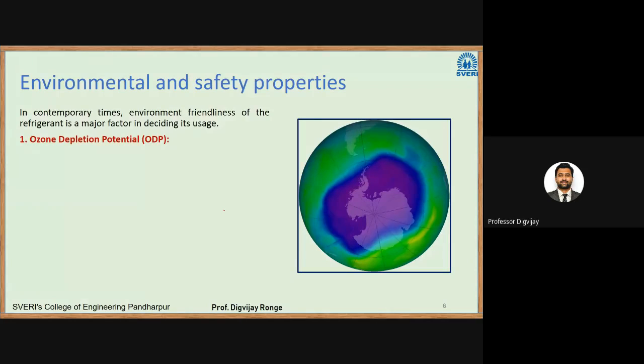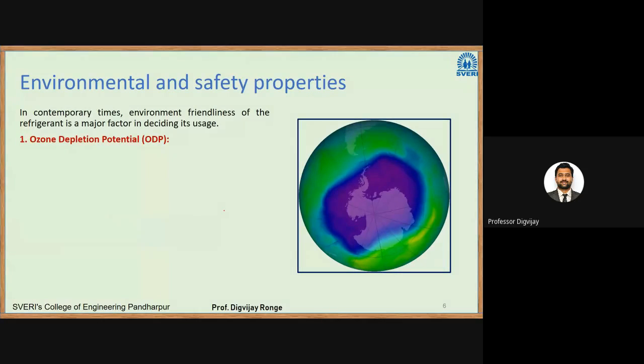But what happens if I use refrigerants which have chlorine or bromine? Chlorine and bromine have the largest potential to destroy ozone. When this chlorine or bromine from the atmosphere goes to the ozone layer, UV light reacts with these CFCs, that is chlorofluorocarbons, and separates the chlorine from these gases.